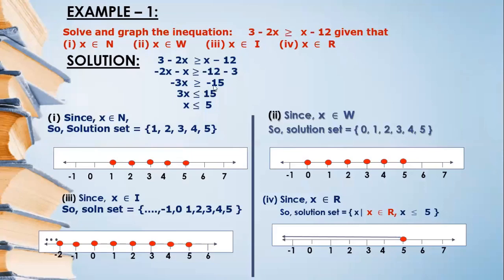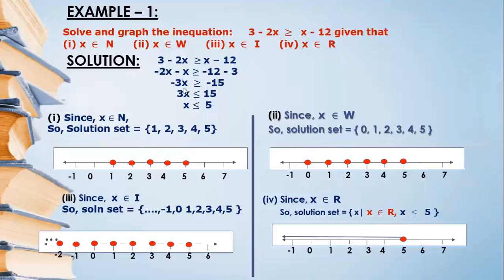Since we need the value of x, we need to make this minus 3x positive. So we need to change the sign on both sides, and as we have learned in the rules, when we change the sign on both the sides, the sign of inequality reverses.